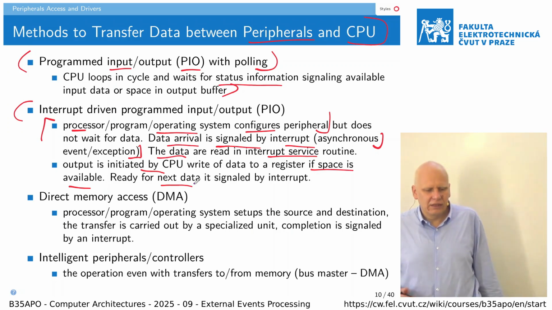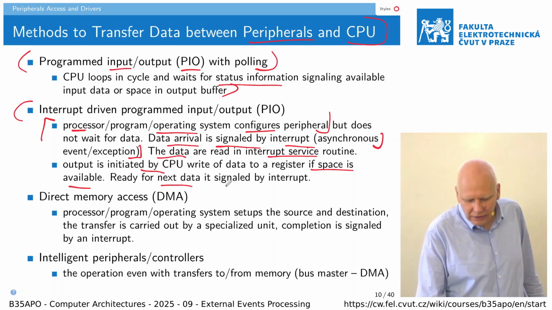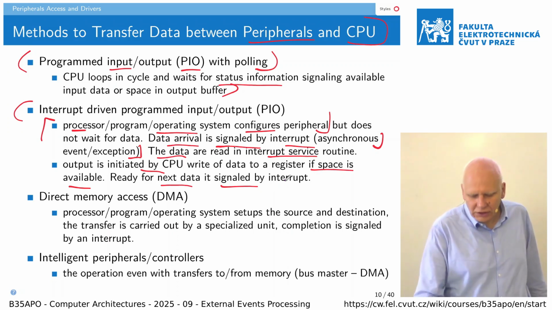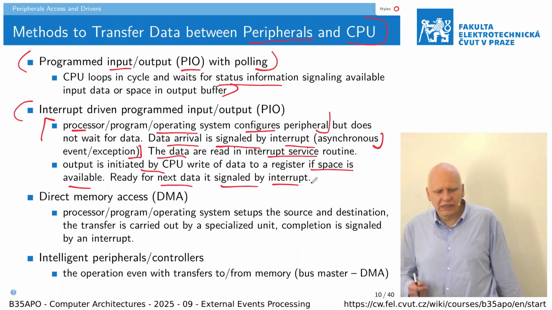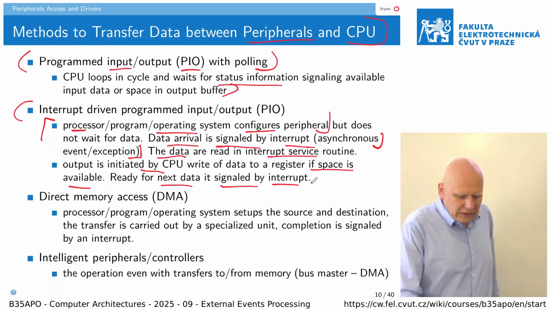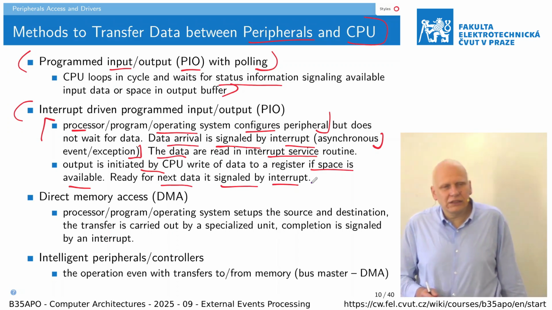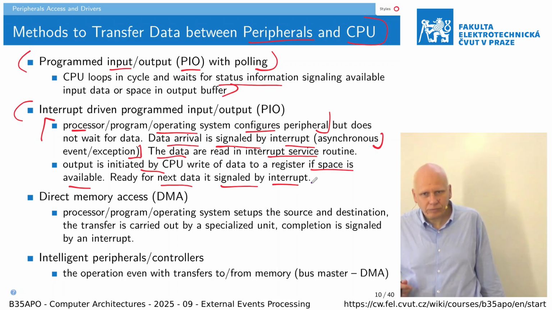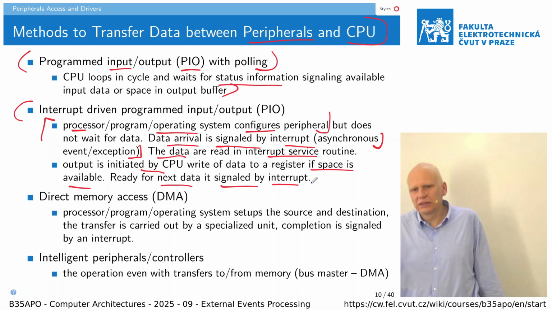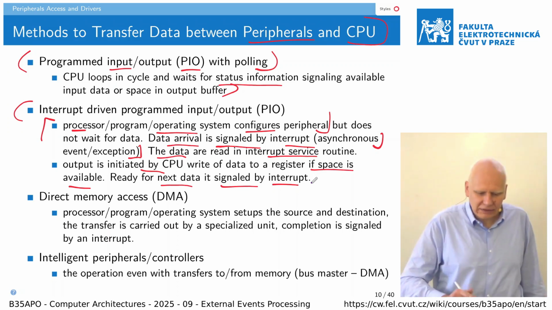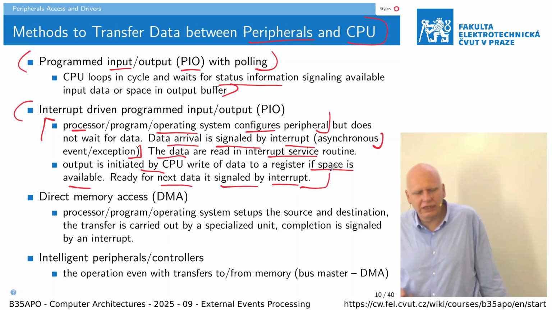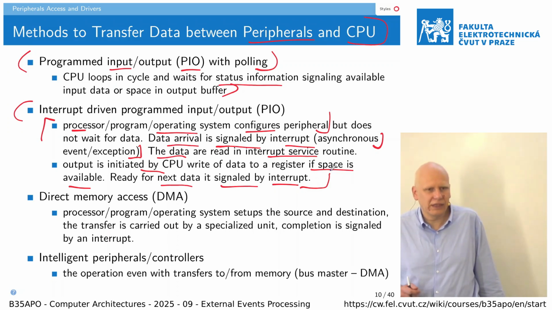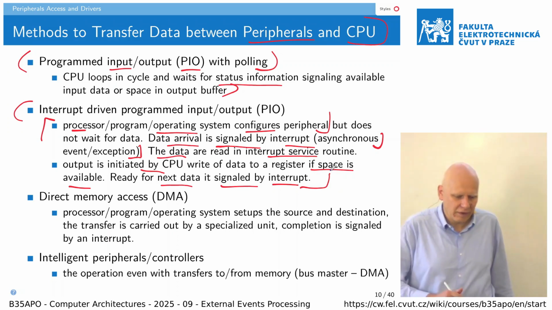Again, the peripheral provides information by signaling, asserting the interrupt, that there are new data. In this case, the processor needs to process and copy all data between memory and the peripheral, but doesn't need to wait if the peripheral is not ready for the data or doesn't have data ready. So it is one option.